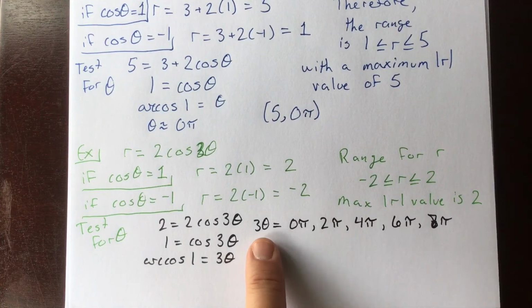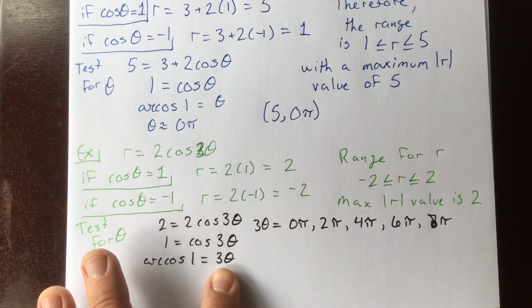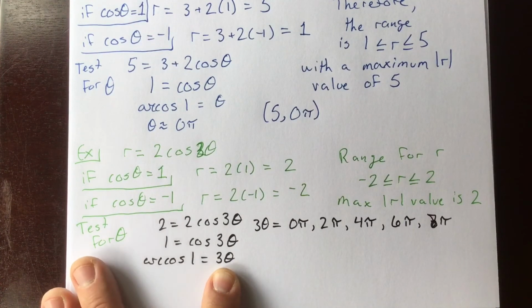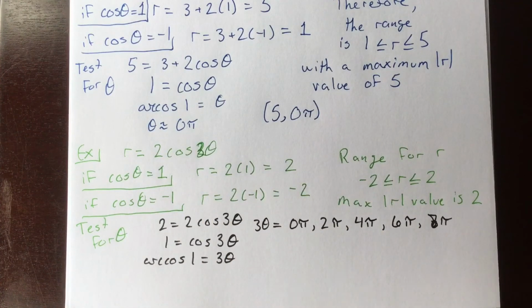If I was left with just theta, yes, but we have 3 theta here. So now we have this long list, because what I'm going to do is divide each of these by 3 until I get an angle measure that's above 2 pi. So 2 pi is the end of our domain, and once we get past 2 pi, I'm just going to start disregarding it. So let's do this and see what happens.